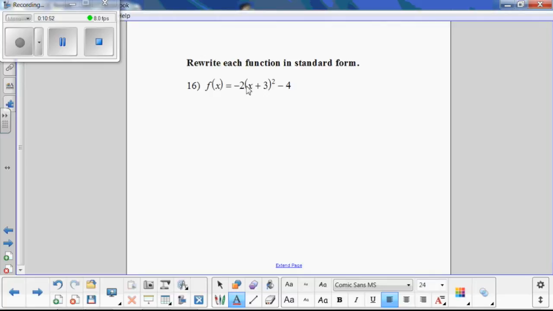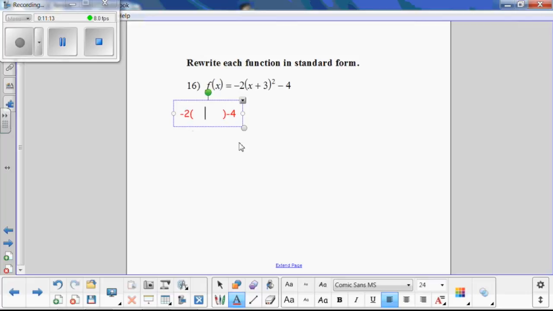We also talked about rewriting functions in standard form. That is the form ax² + bx + c. So we did the -2, we left some space, and then we put our -4 outside.